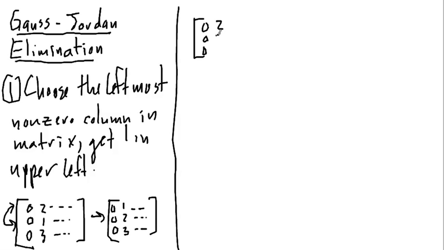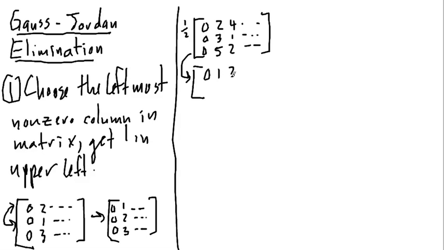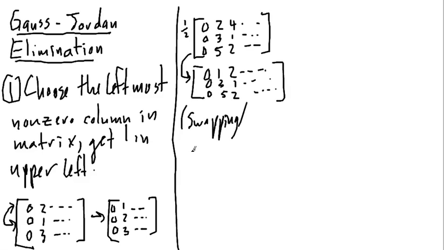If I've got 2, 3, 5, 4, 1, 2, something like that, I would be forced to multiply the top row by 1/2 to get 1, 3/2, and so on. So I do this either by swapping or multiplying, and sometimes we might even have to do both.